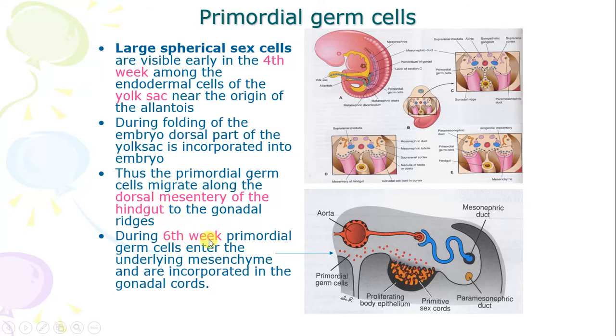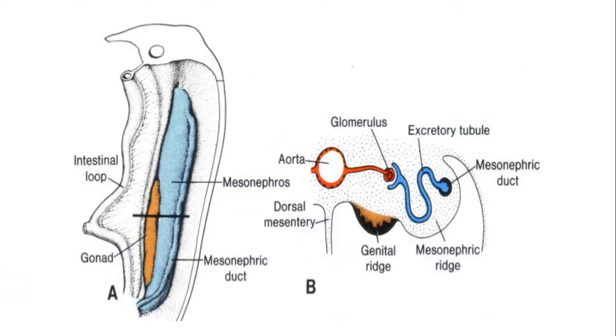And in the sixth week, the primordial germ cells enter the underlying mesenchyme and are incorporated into the gonadal cords. So here we know about the primordial germ cells. Now here again is shown the genital ridge, and we have come to know that the intermediate part on the posterior abdominal wall, medial to the developing kidneys, is the genital ridge.